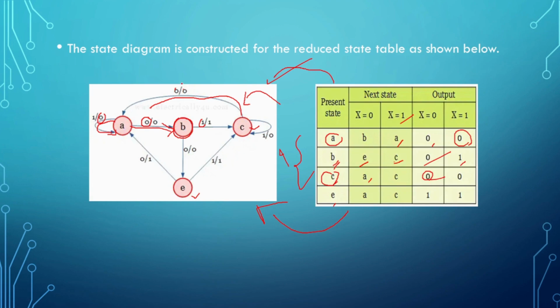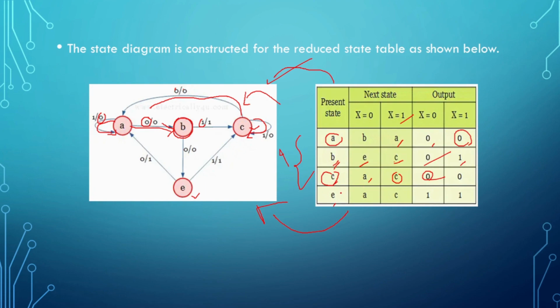So you need to write it as 0 by 0. Afterwards, when input is given as 1, the next state of C is, in this table, the C itself. So you need to mention it with that curve itself. The output will be 0. So here mentioned with 1 by 0.